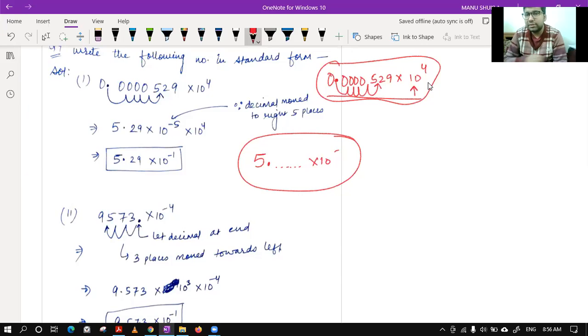So class, you can see the decimal has jumped how many places? 5 places to the right. The decimal has moved 5 places to the right, and we have learned this thing. When we move to the right side, the power of 10 will be in negatives. So we can write this as 5.29 multiplied with 10 power minus 5, and this we already have 10 power 4.